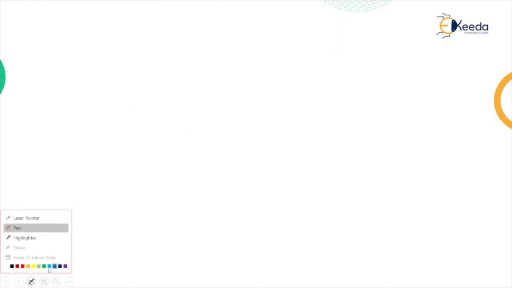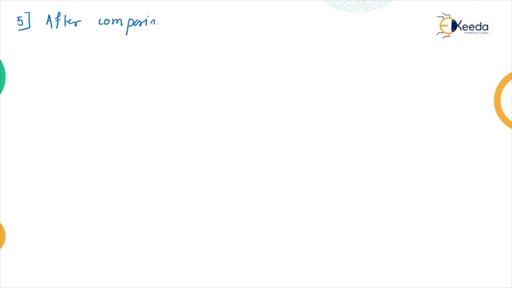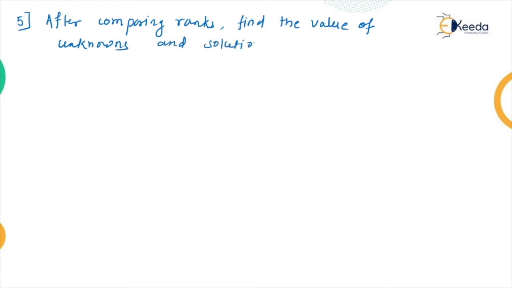The next step is step number 5. After comparing the ranks, find the values of the unknowns, and this is the solution of the given non-homogeneous linear equations.